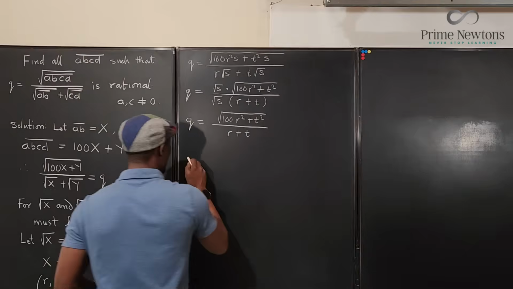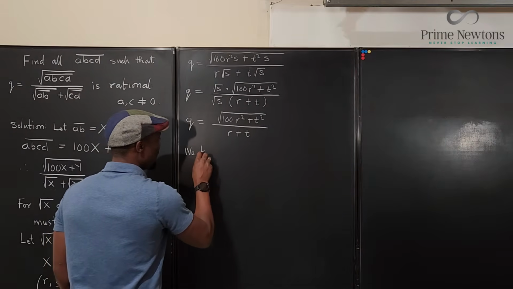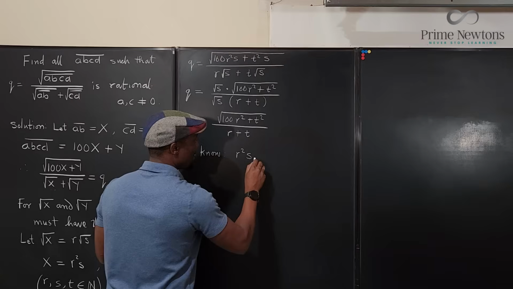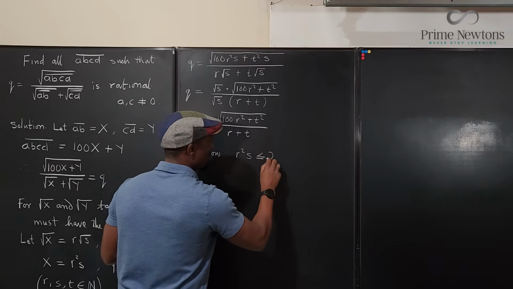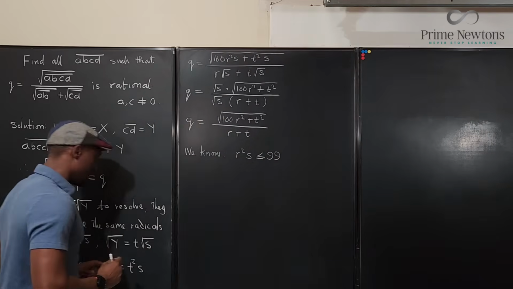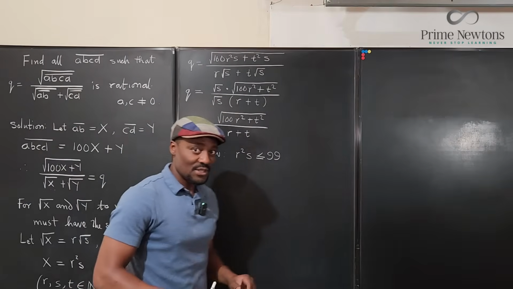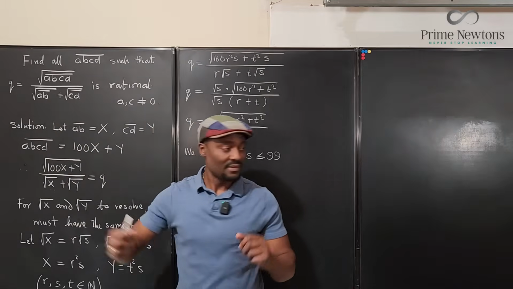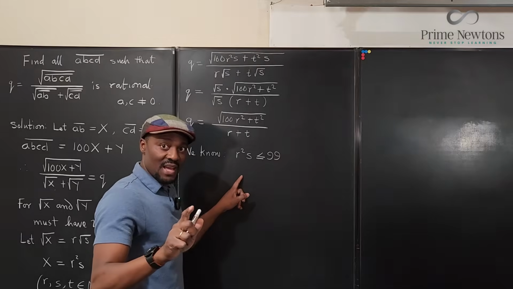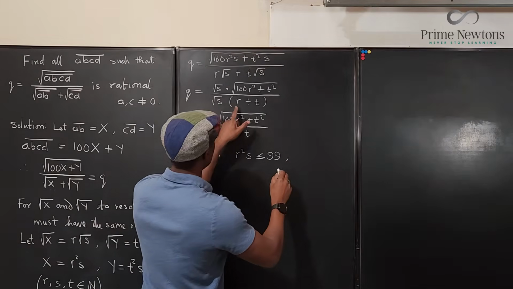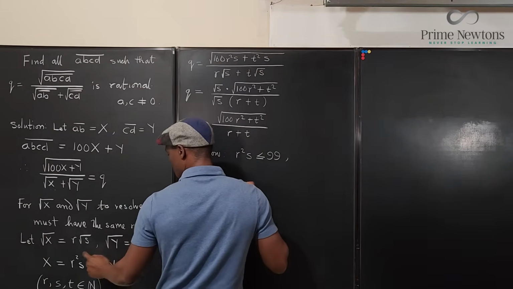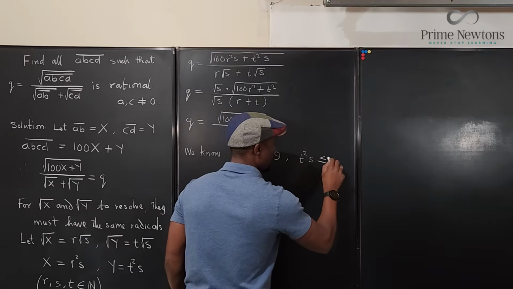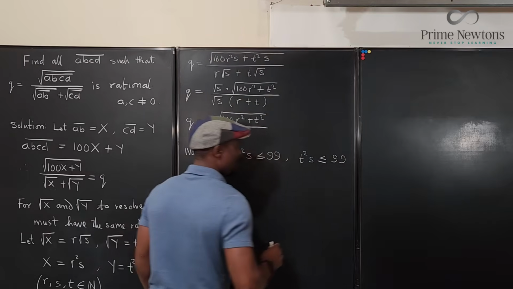So R squared S is less than or equal to 99 because X is a 2-digit number from our problem. That means the same thing for T squared S, which is less than or equal to 99.